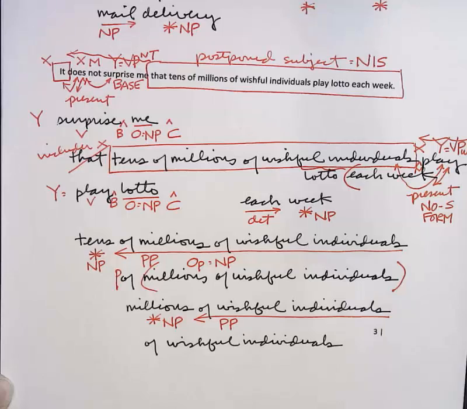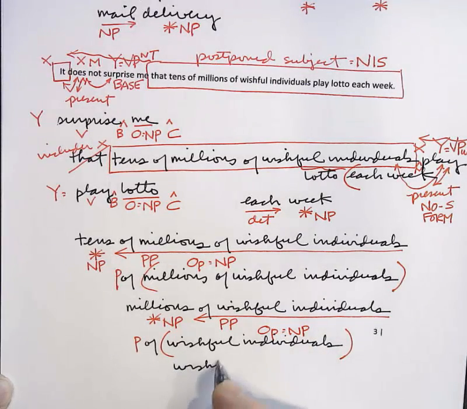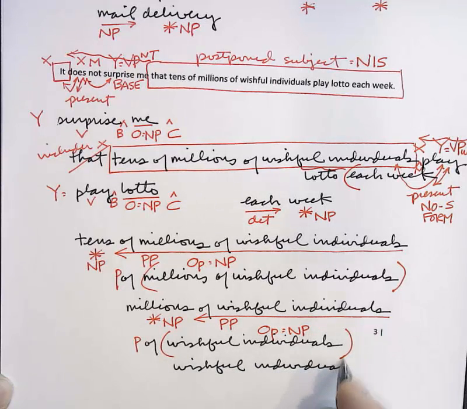Preposition is of. Wishful individuals is the object of the preposition. That's a noun phrase. And last, wishful individuals. Individuals is the noun phrase head. And wishful is the modifier. It's an adjective phrase.